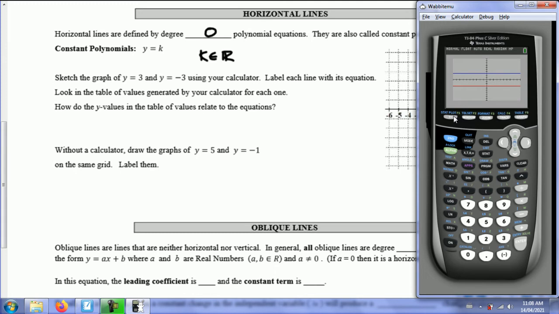If you wanted to make these lines look different in a black and white display, you can make those lines thicker or dotted by scrolling to this area and hitting enter, and then just keep hitting enter, and you can make the line thicker or dotted or anything. Okay, so anyways, that's enough of that.